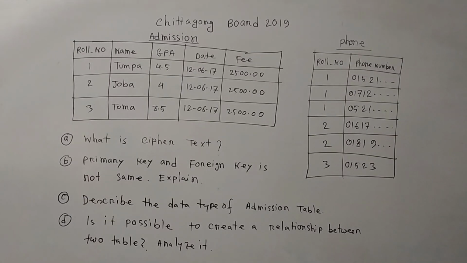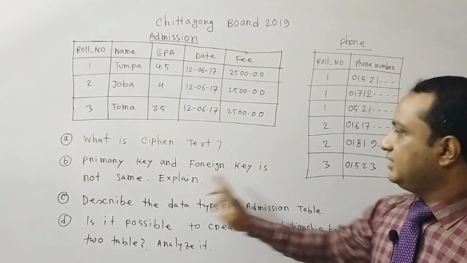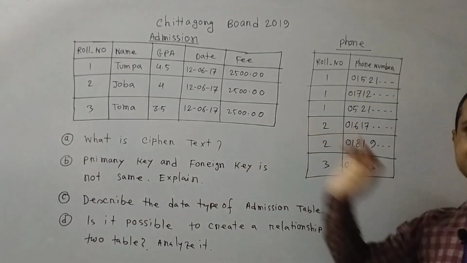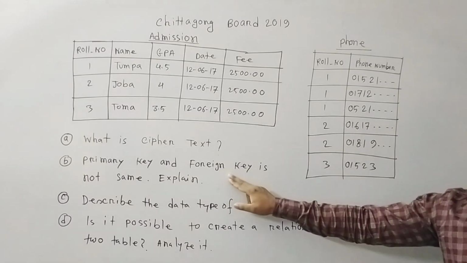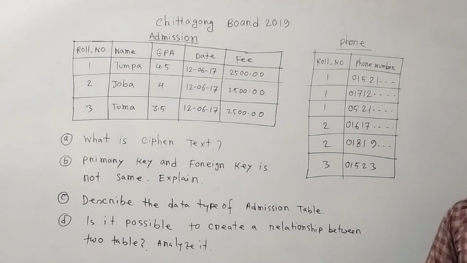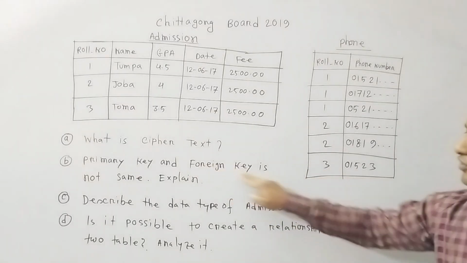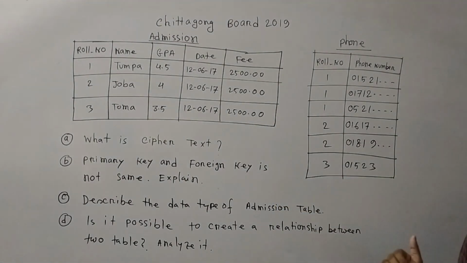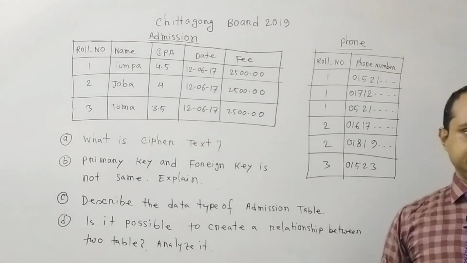And the next question is, primary key and foreign key is not same, explain. You have learned what is primary key and you have also learned what is foreign key. If you write the definition of primary key and then the definition of foreign key, and then you can write, so primary key and foreign key is not same.